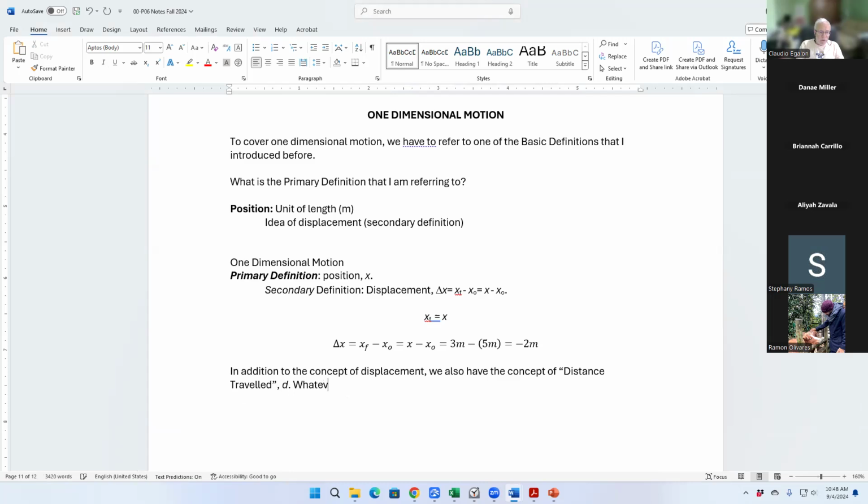Whatever is shown in the odometer of your car is not the position, nor the displacement, but the distance traveled by your car since it came out from the factory, right?